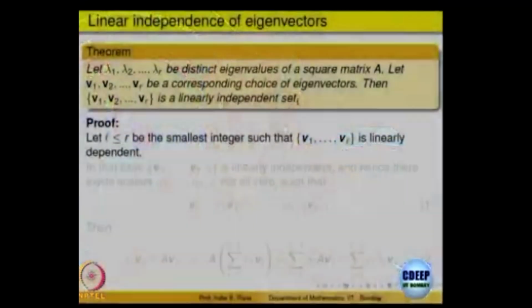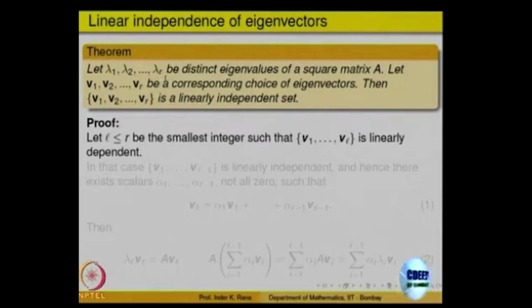Let us assume this number is r. There are r distinct eigenvalues. Suppose there is a number L, less than or equal to r, such that v1, v2, ..., vL is a linearly dependent set.